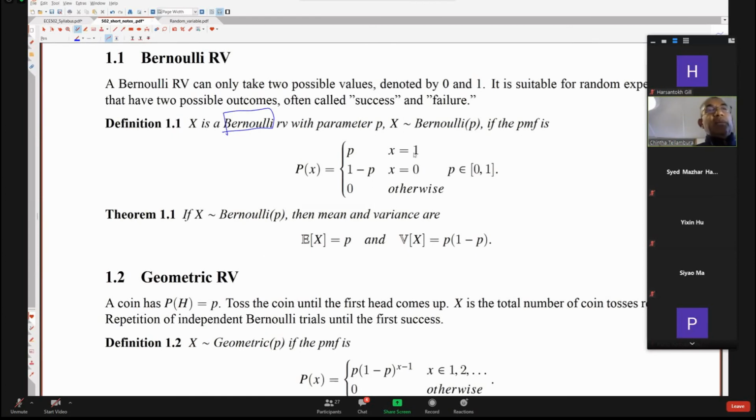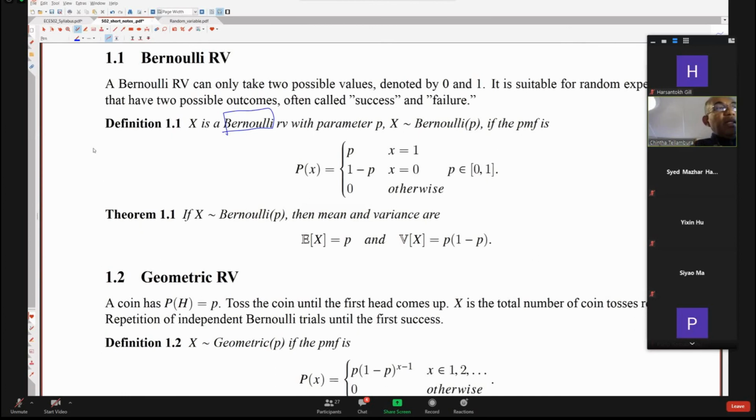The support is just 0 or 1. That means my random variable takes only two values, either 0 or 1, right? The probability of 1 is P. The probability of 0 is 1 minus P.